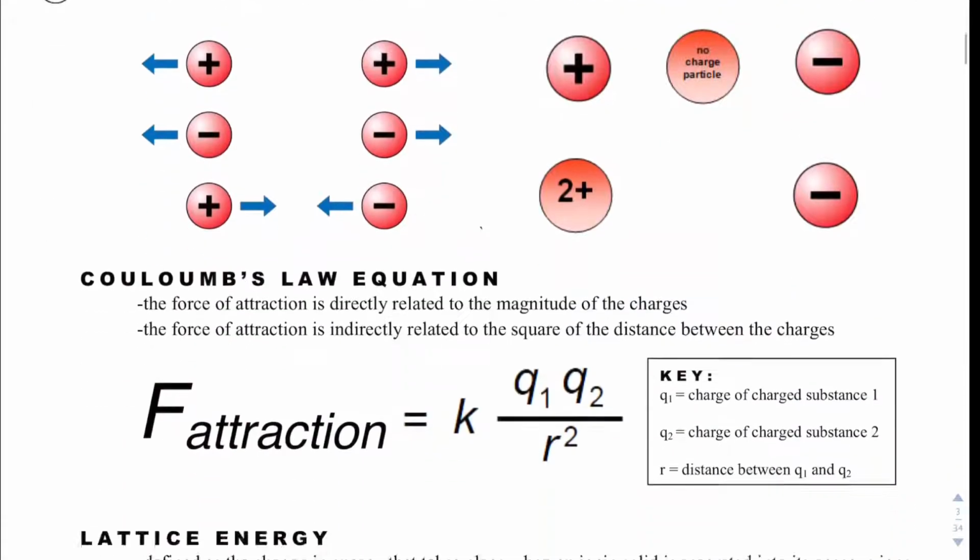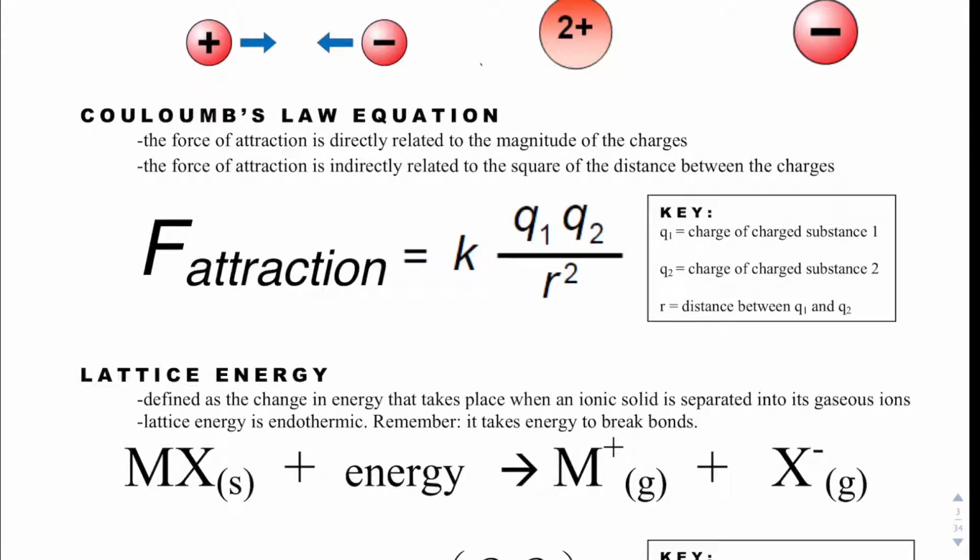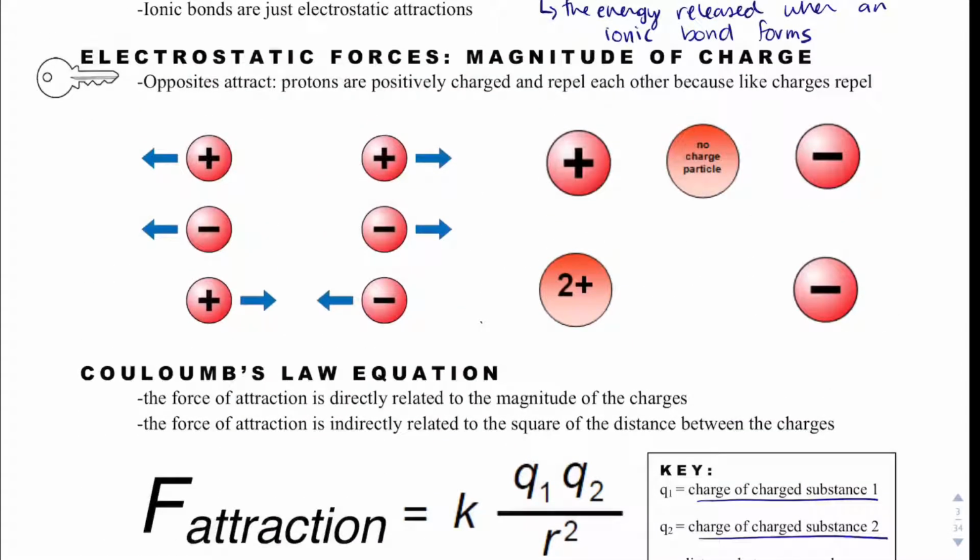So Coulomb's law down here says the force of attraction is directly related to the charge of your two substances multiplied by each other divided by the radius or the distance between your two charges. Okay, and so if we have positive and positive, those repel. Negative and negative, those repel. But positive and negative, they attract.